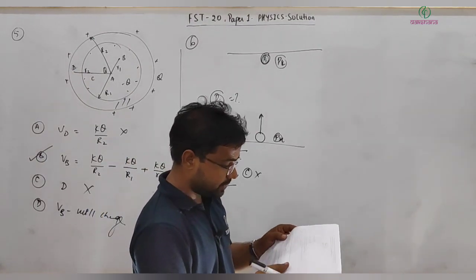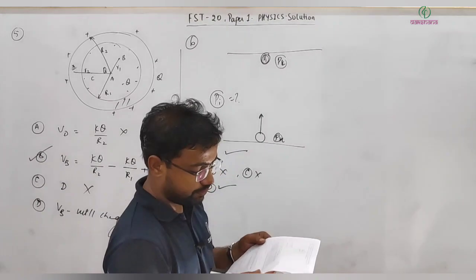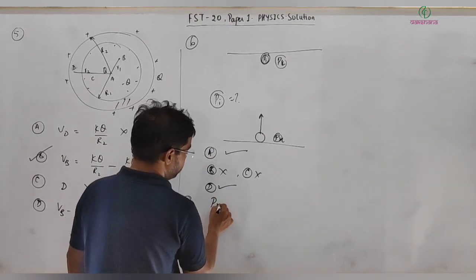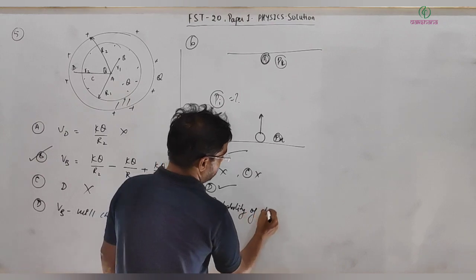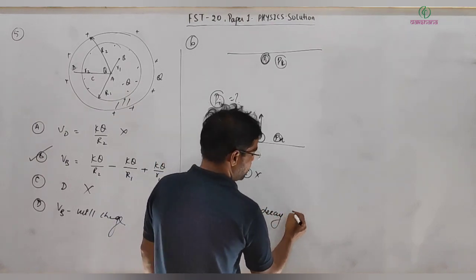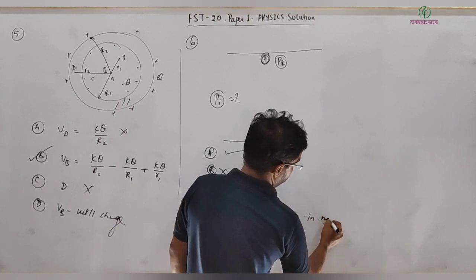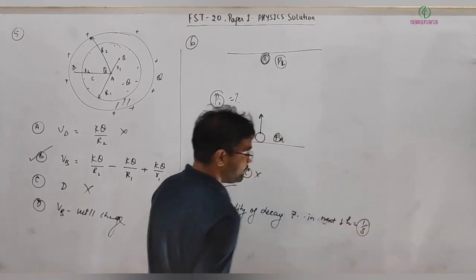Question number 7. Probability of decay of a particular nucleus of substance Z in the next 1 hour is given as 1/3.